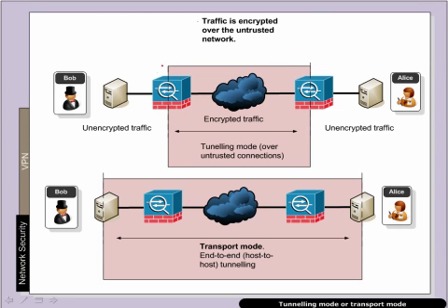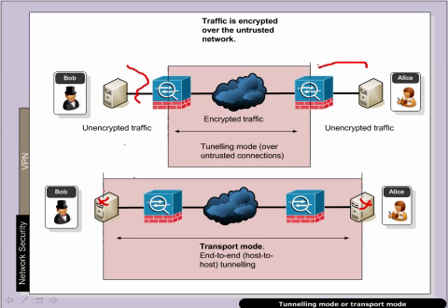Basically what we can have is a tunneling mode over a trusted network, where that takes unencrypted traffic and then tunnels it through the public network and then decrypts it again on the other side. The other method is to have end-to-end, where we have one host and another.